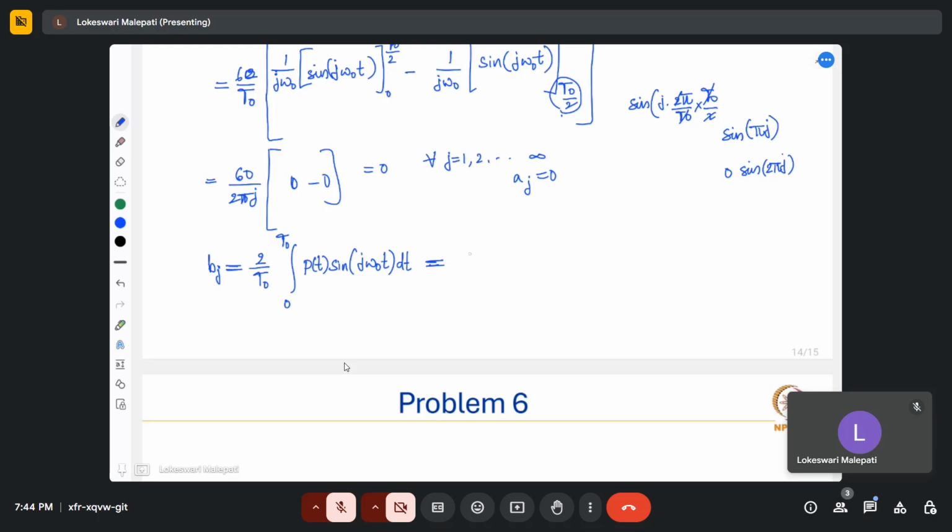So this would be 2 by t naught. Again, we have to break this down from 0 to t naught by 2, 30 sine j omega naught t dt, plus integral t naught by 2 to t naught, minus 30 sine of j omega naught t dt.